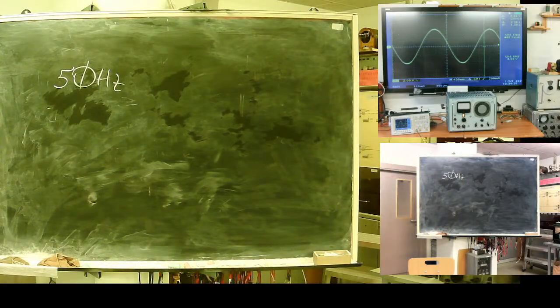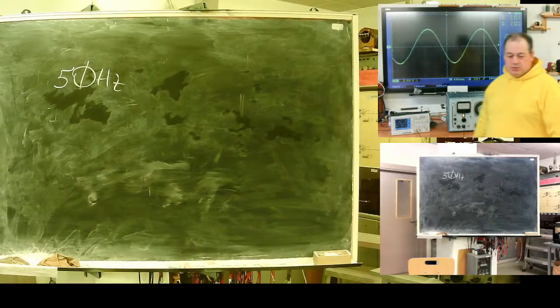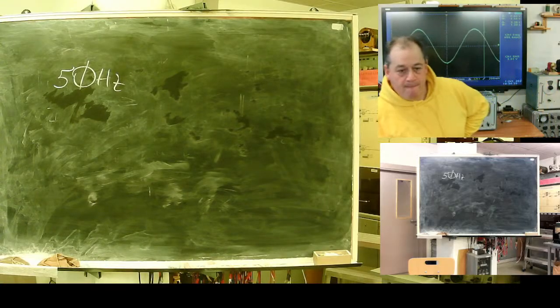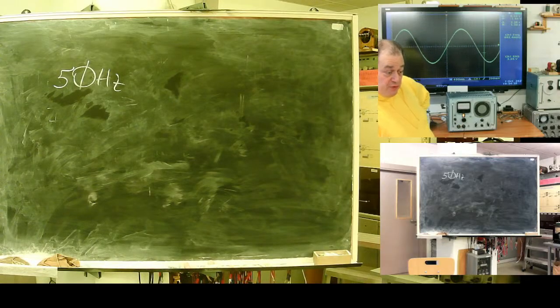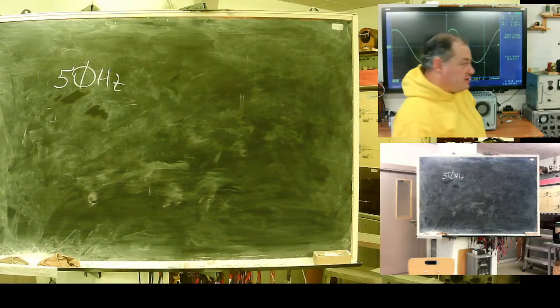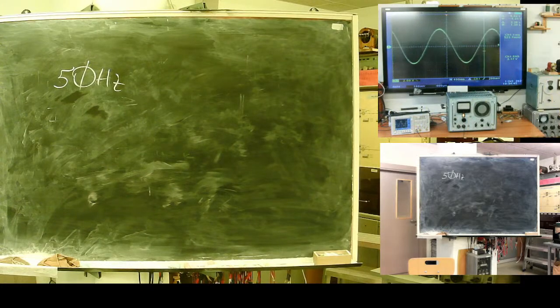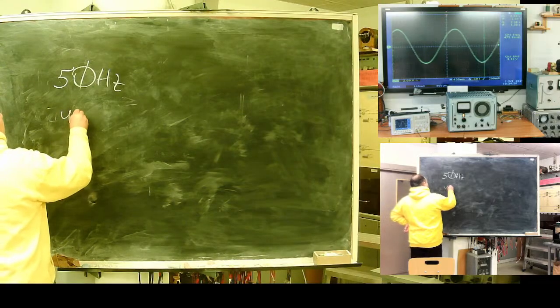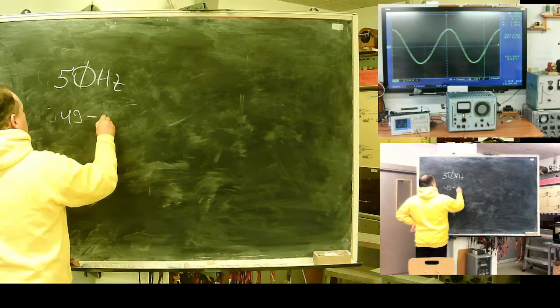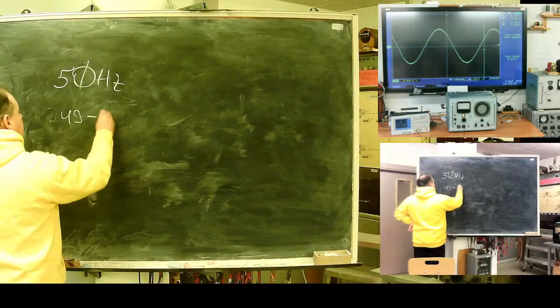What is the frequency range of usable signals? First answer, 50. Digging a bit deeper, what is the operation range of ordinary equipment here? 49, 51.